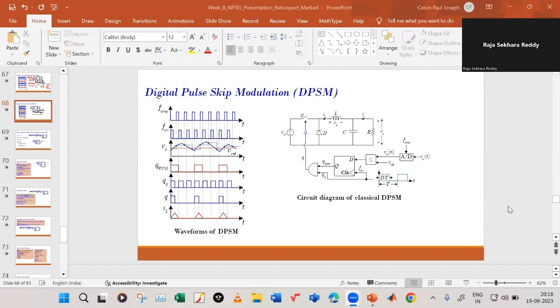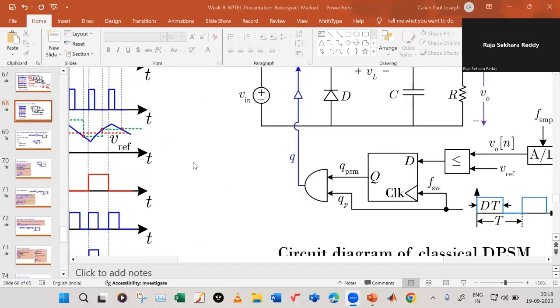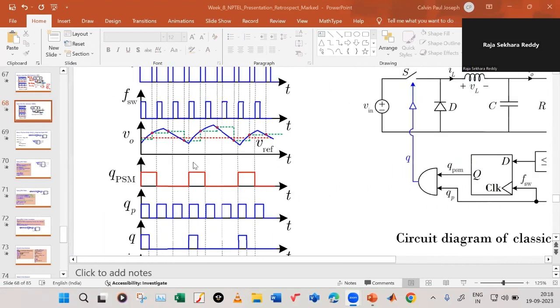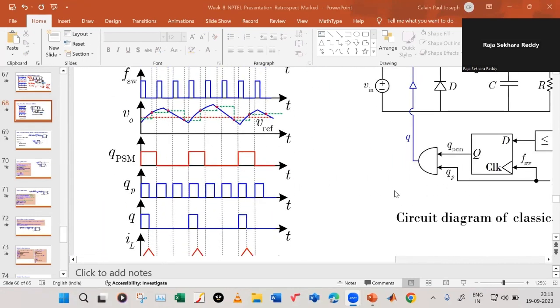Okay, it's not able to go to full screen. So can you see this? Yeah, it is visible, sir. In the slide mode itself, it is visible, sir. Okay, no problem.